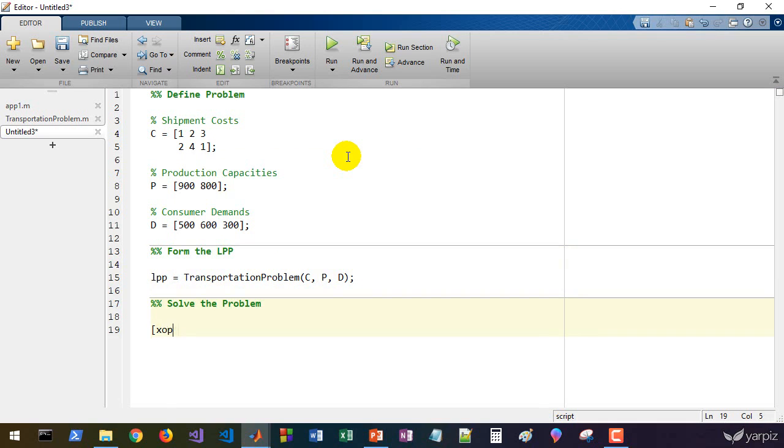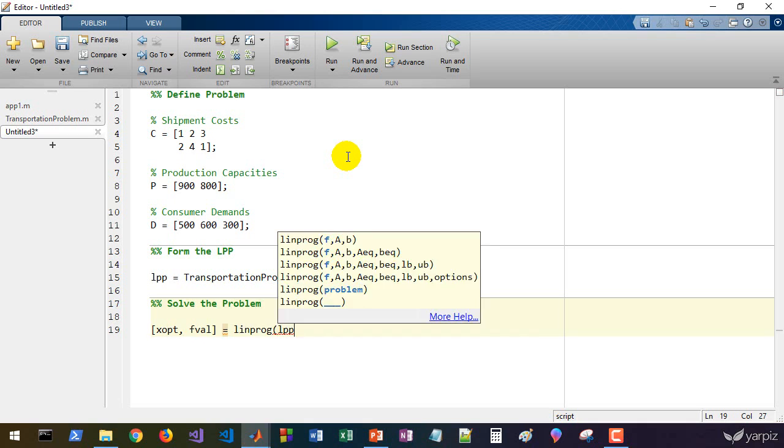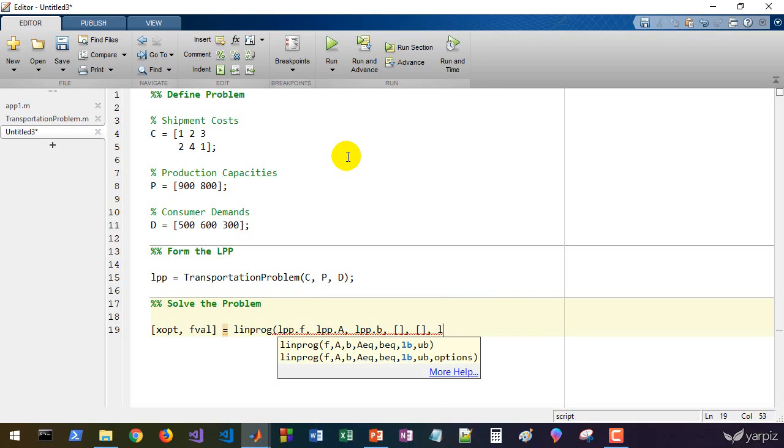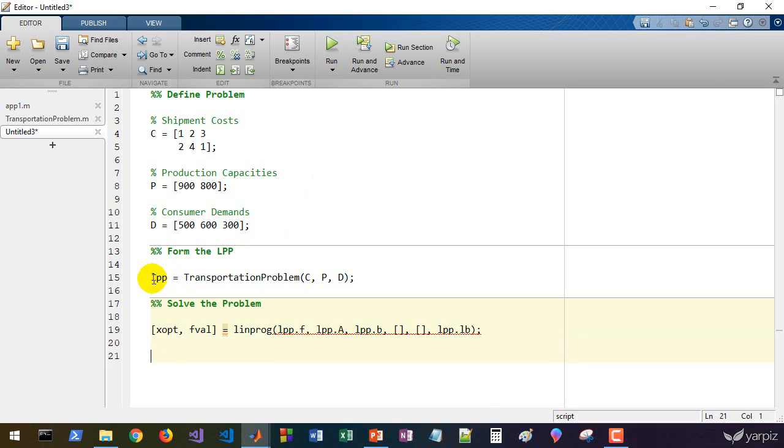Xopt and fval equals to linprog, linear programming, lpp.f, lpp.a, lpp.b. We don't have any equality constraints, and lpp.lb, lower bound. All of matrices are gathered into this structure, and we call linprog using this.